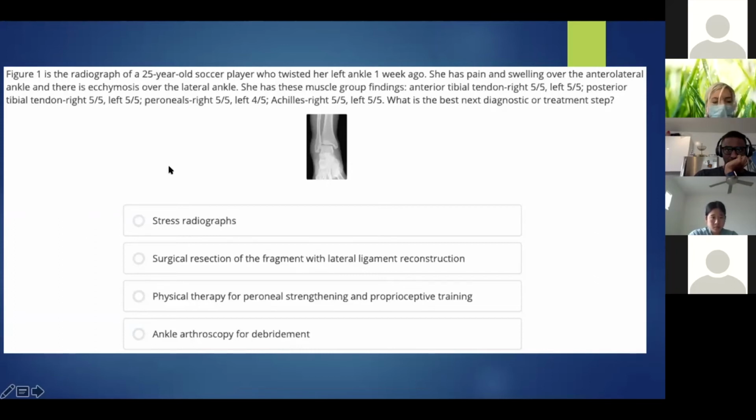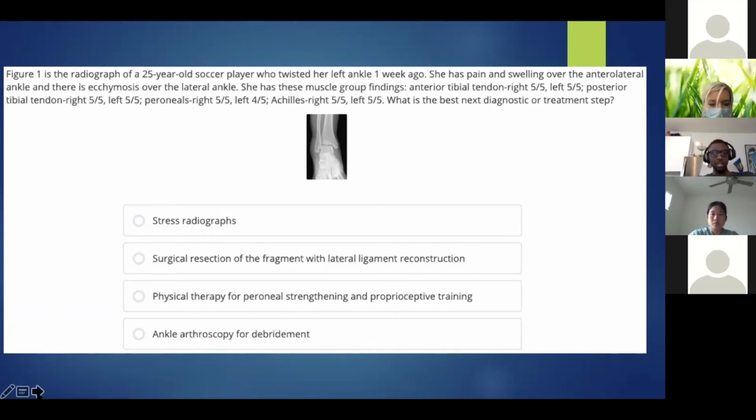Well, I do understand your thought, because I just told you that was important. But if it's 1 week, it's not going to really change our management if she has an acute sprain, right? We diagnosed her with an acute sprain, maybe an old sprain. So if it's an acute ankle sprain that's bad, maybe involving the ATFL and CF ligament, what's our most important step for an acute ankle sprain? We do physical therapy.